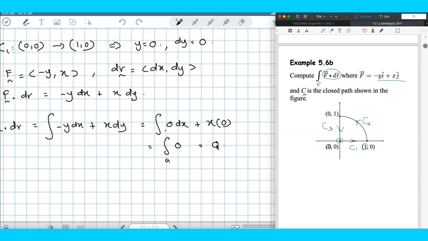When you integrate 0, you get just a constant, so you replace the limits and get a minus a, and the answer is still 0.